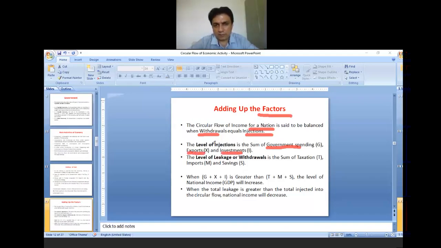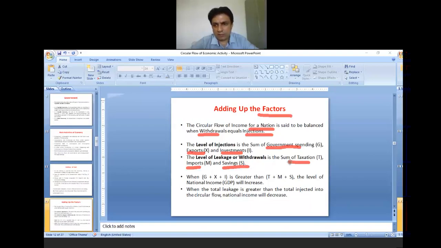These are the levels of injection, or the money inserted in the market, which is the sum total of government spending, exports, and investments. The level of leakages or withdrawals is the sum of taxation, imports, and savings.